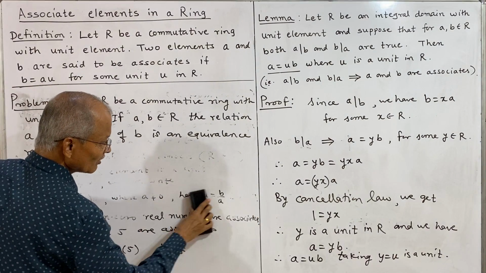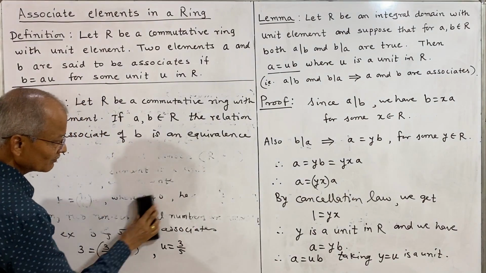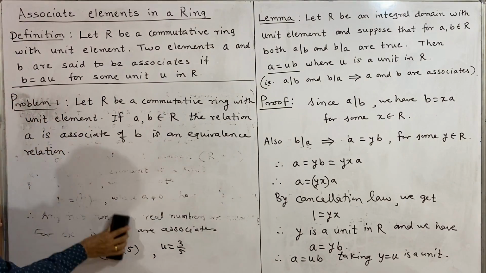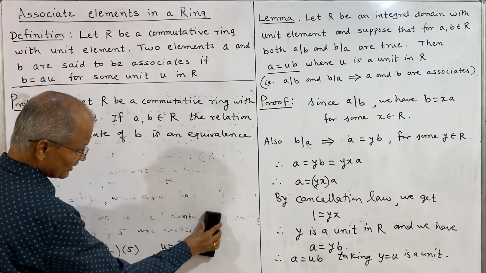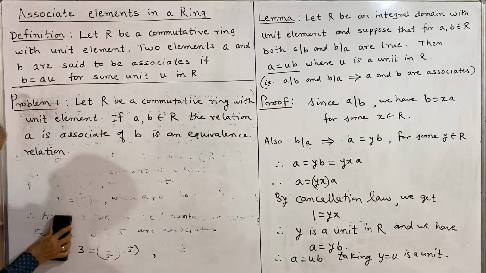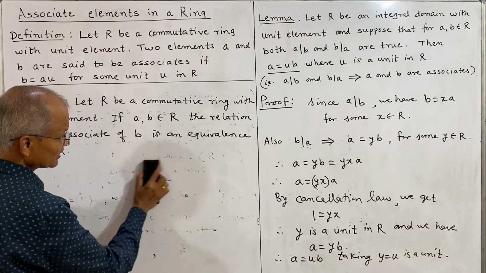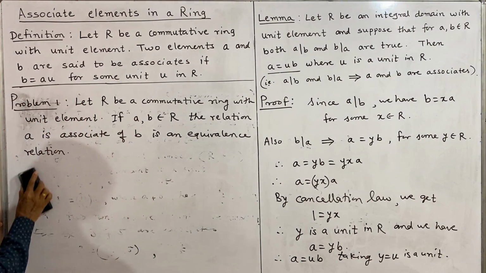So what is the meaning of equivalence relation? A relation which is having three properties, that is reflexive, symmetric and transitive, is an equivalence relation. And we shall prove this associate relation is having these three properties.